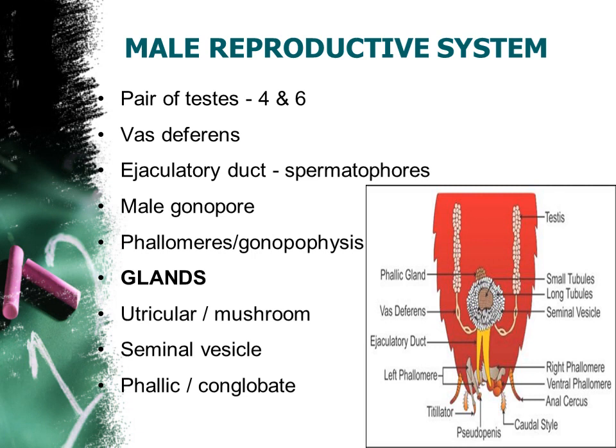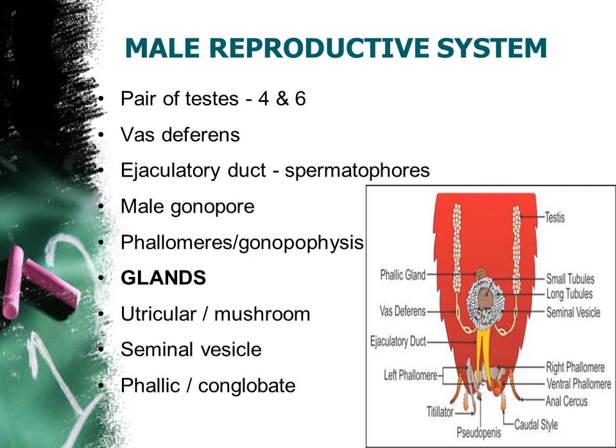Understood? So these are the major regions involved in this reproductive system. The testes produce the sperm cells. They are collected by the vas deferens tubule and deposited in the ejaculatory duct. There the sperm cells are collected together and stored in the form of spermatophores.